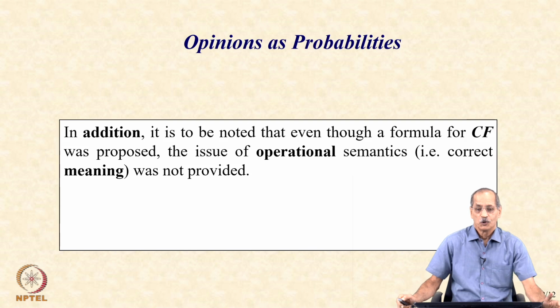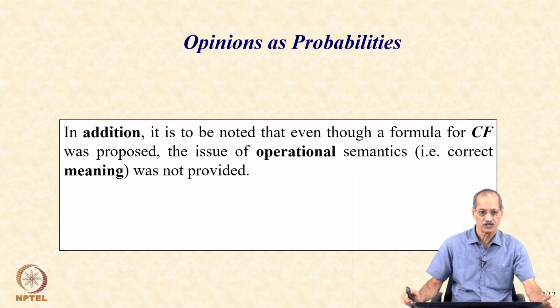So, apart from this, that MB and MD are not related because of the inconsistency, there was another issue which came up with this particular strategy. That issue was that when this formula for CF was proposed, the issue of operational semantics, which means what is the meaning of MB and MD, was not provided.